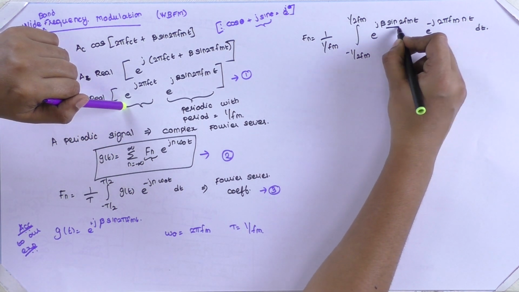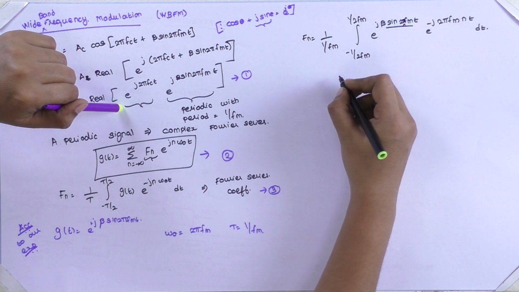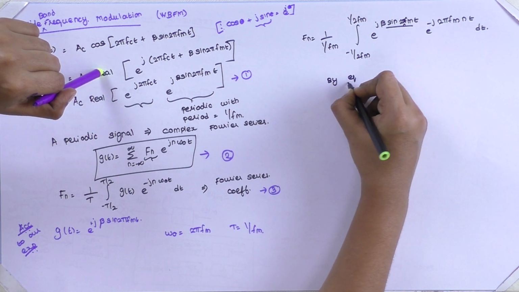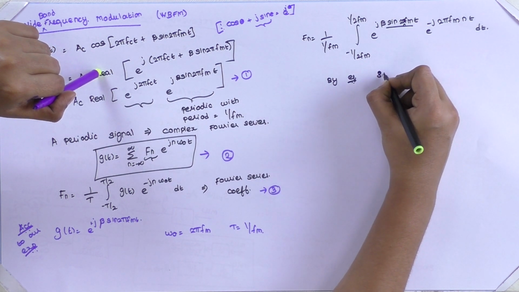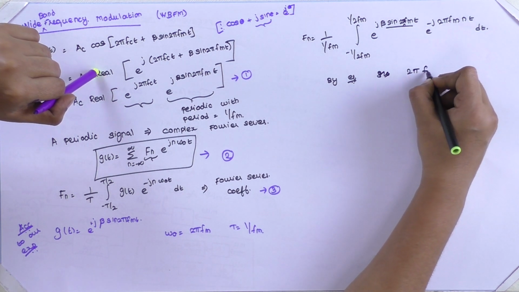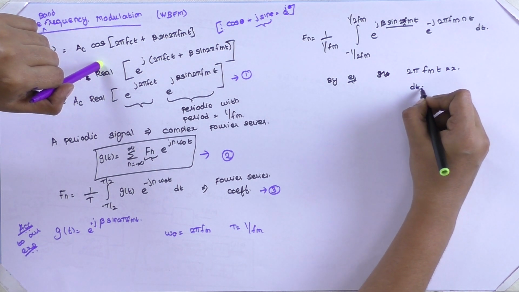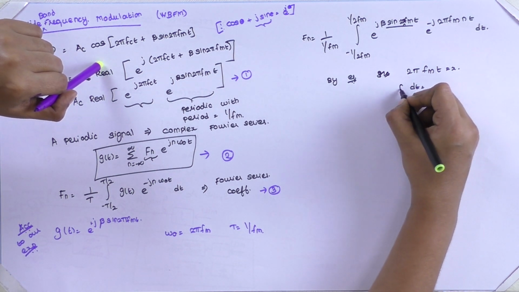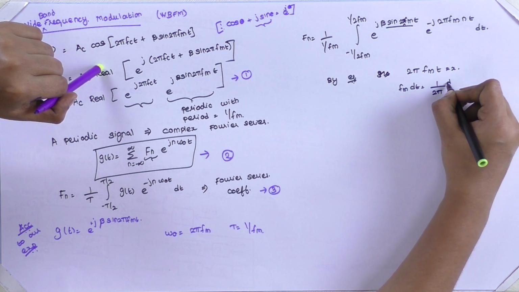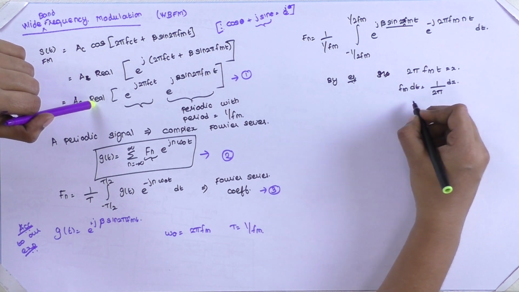By equating 2 pi fm t equal to x, dt is equal to 1 by 2 pi fm dx.